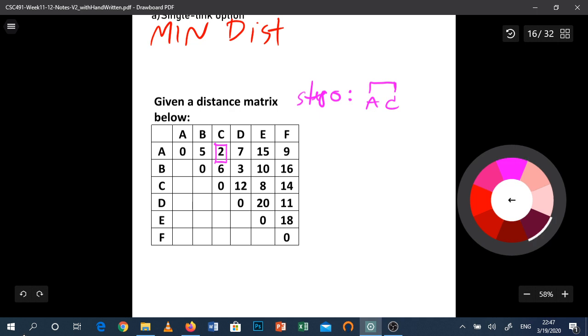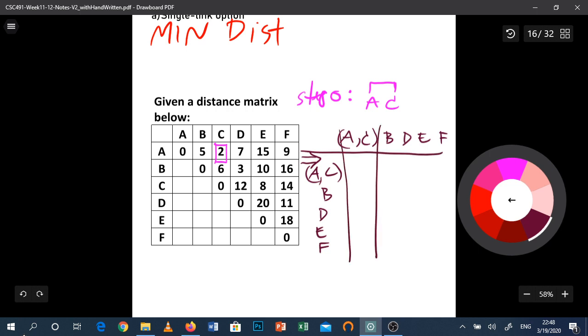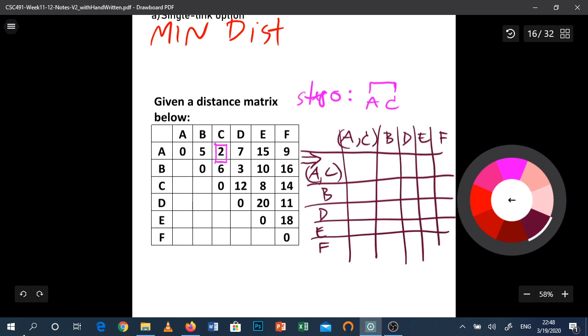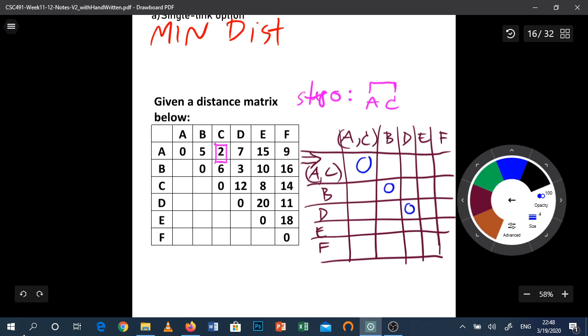And with this, it means we are updating the distance matrix into A and C together, B, D, E, F. Same thing, this will be AC, B, D, E, F. So we are updating this distance matrix, but we only update the cells that are affected by A and C. Before we update anything, first let's fill the diagonal with 0.